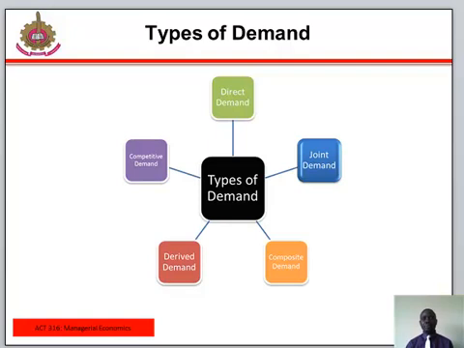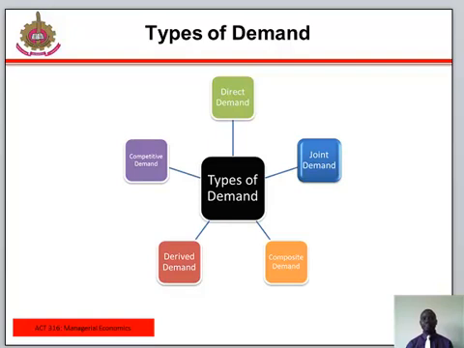The second one is composite demand. Composite demand applies to commodities which have several uses or are demanded for several different purposes. For example, wood can be used to produce furniture, table, chair, bed, window, cabinet, door, and other items like that.